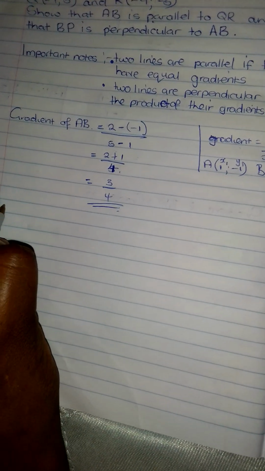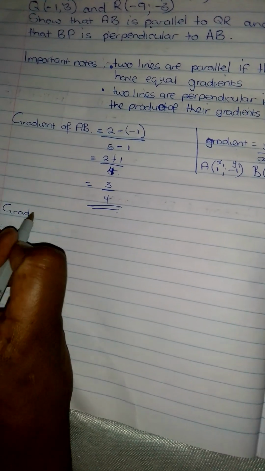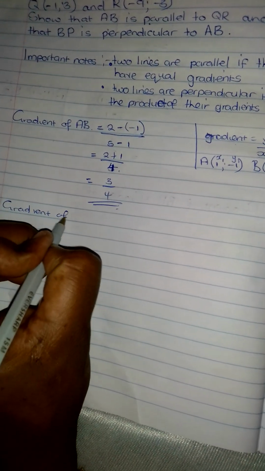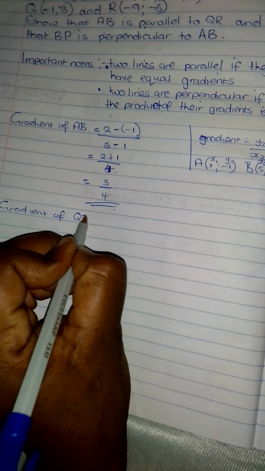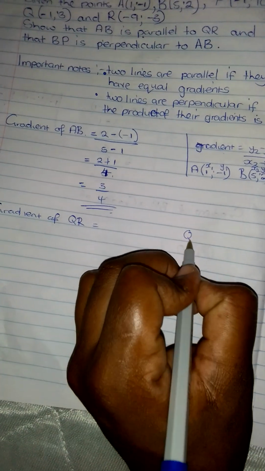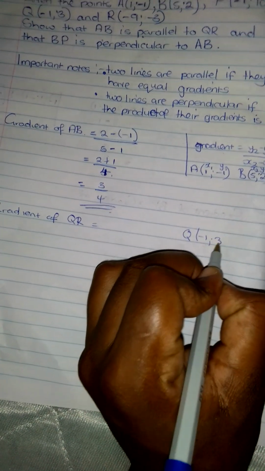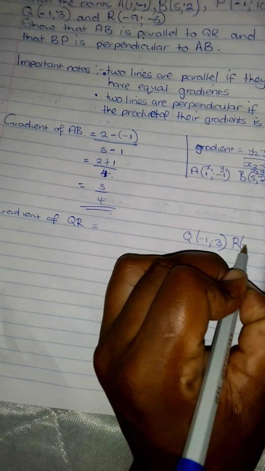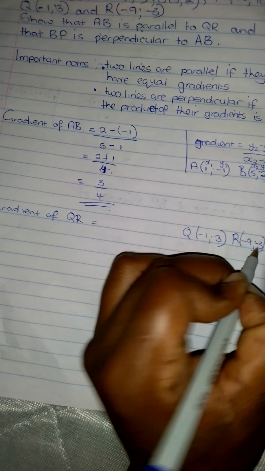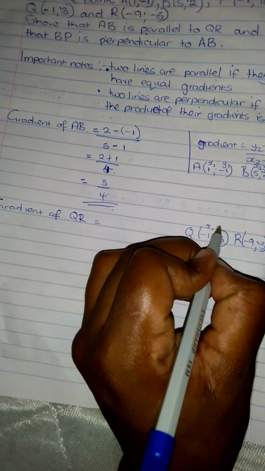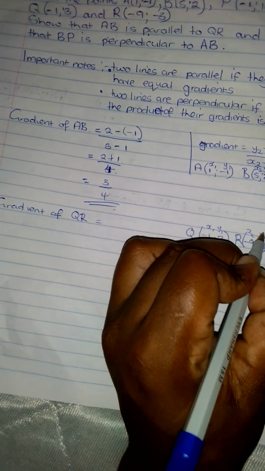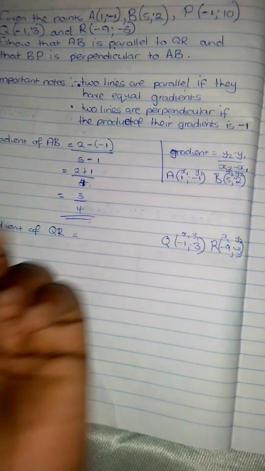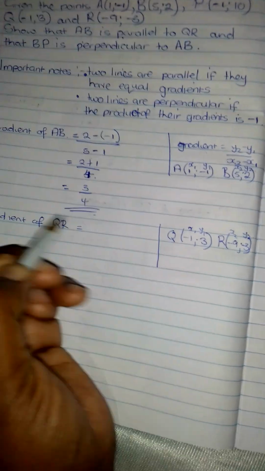So we'll move on to the gradient of QR. Our point Q is (-1, 3), and R is (-9, -3). This is our x1, y1, x2, y2. We use this formula and substitute there.